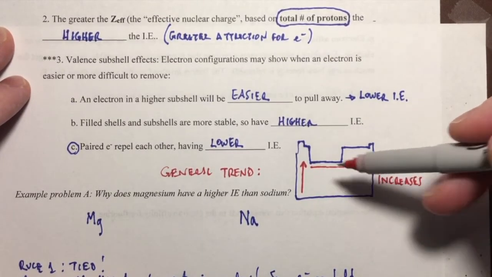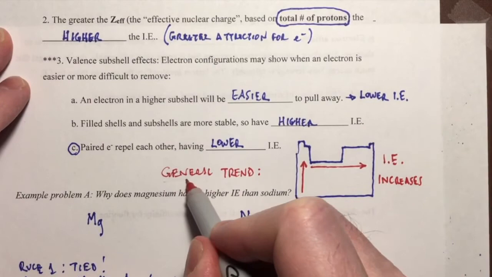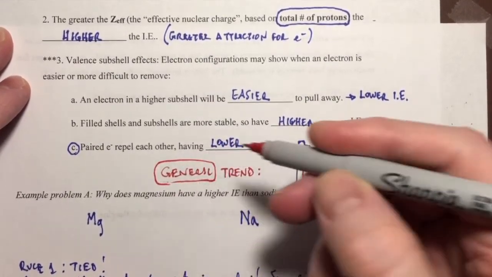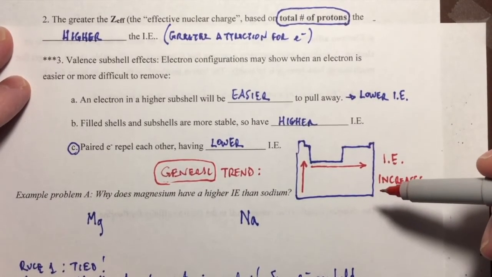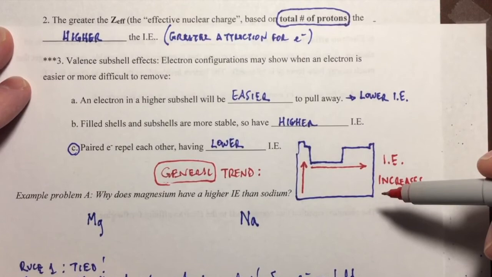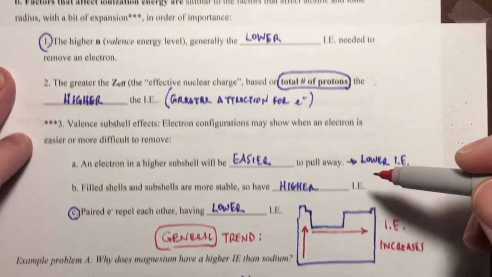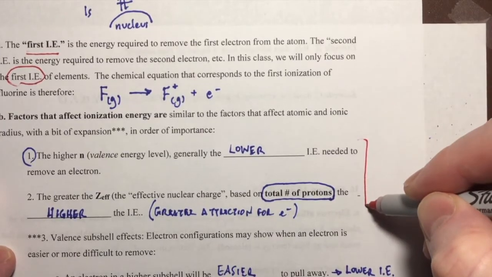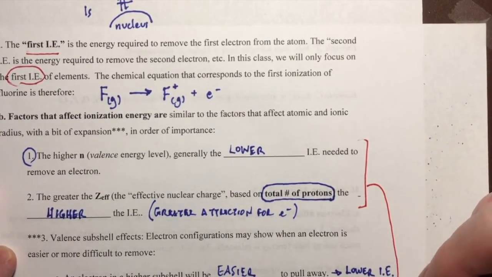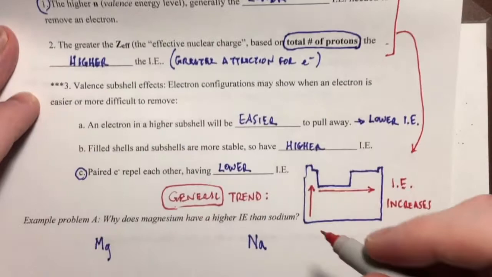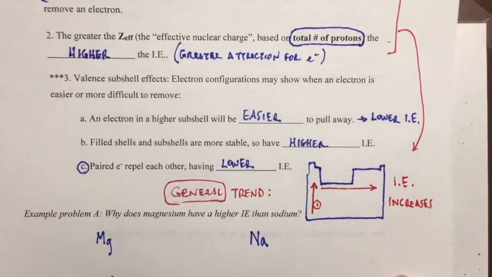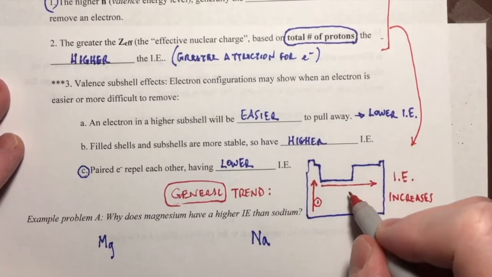Now I emphasize that this is the general trend, and I want you to notice general trend because there is an important set of exceptions to this. So the general trend is basically described by the first two rules. This is rule 1 that talks about the N value of the valence level.